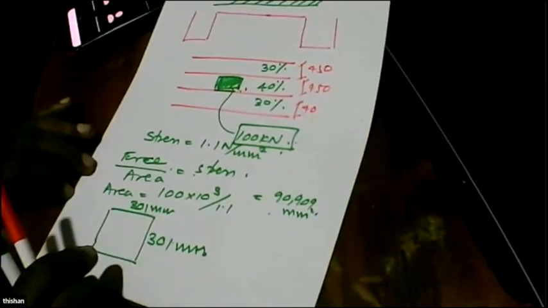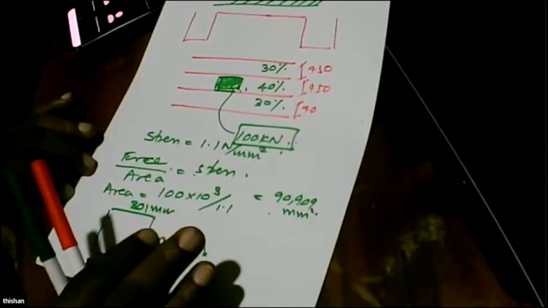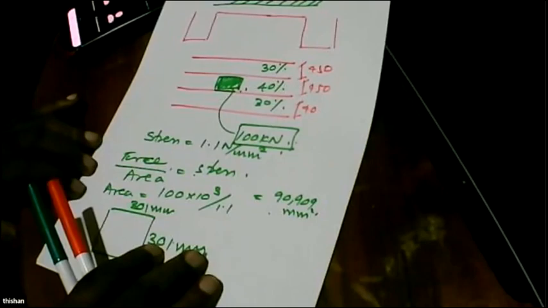So these are important things, because when you are designing the top slab, there are 2 conditions that you have to meet. One is you have to make sure all the UDL can be carried by the top slab.